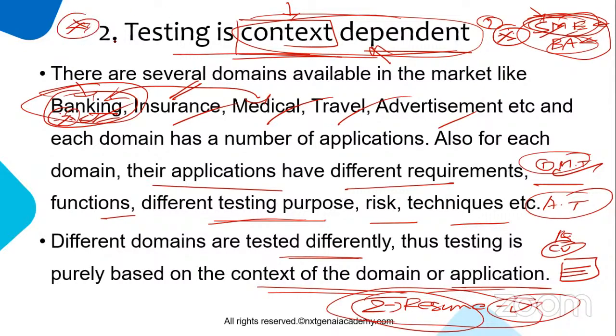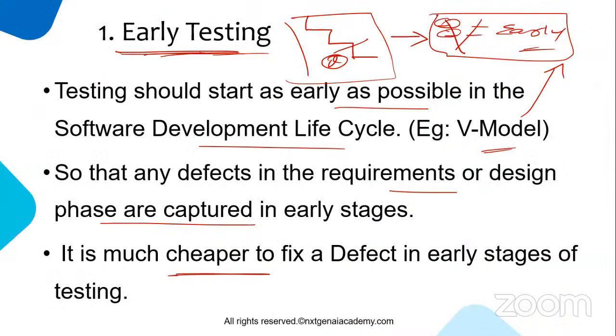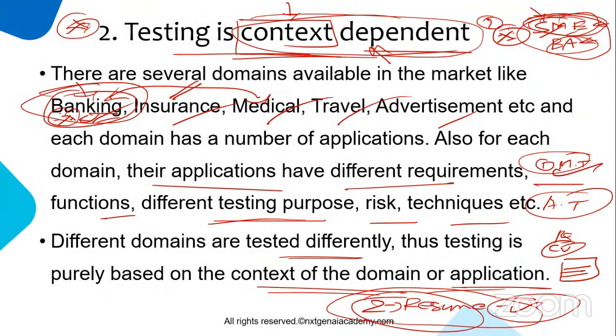Those who are trying for a job and want to enter into automation, just note down two points. First point, it is healthy testing; the organization will take care of it. Second one is context dependent: the way you do testing in one domain will not be the same for another domain. So I'm going to prepare a resume for my favorite domain.